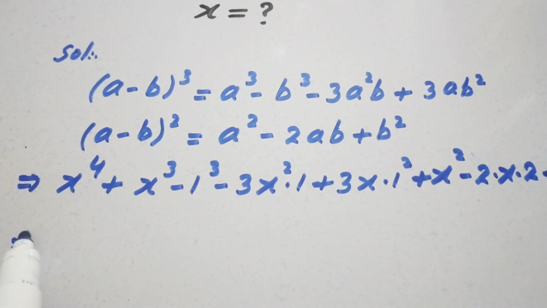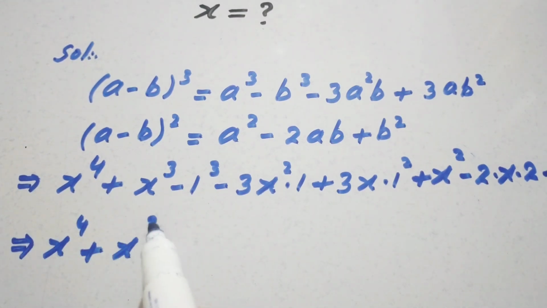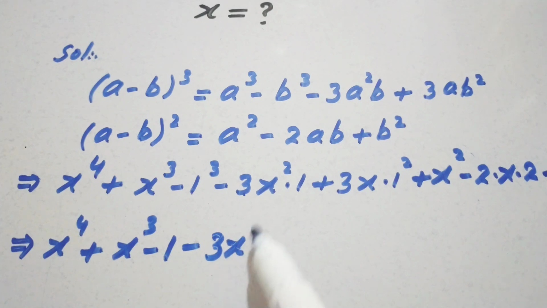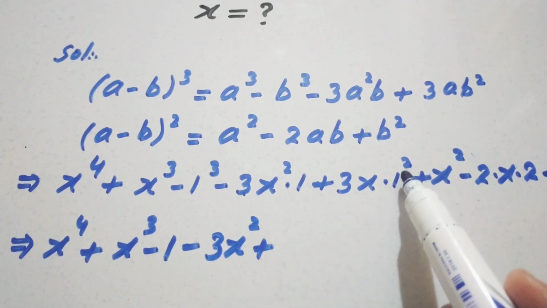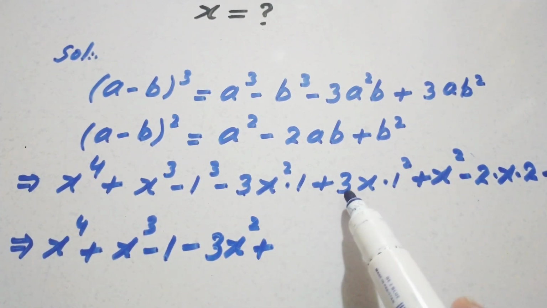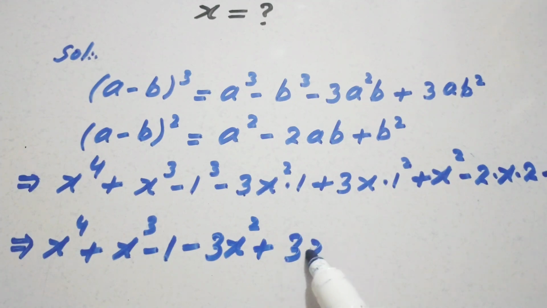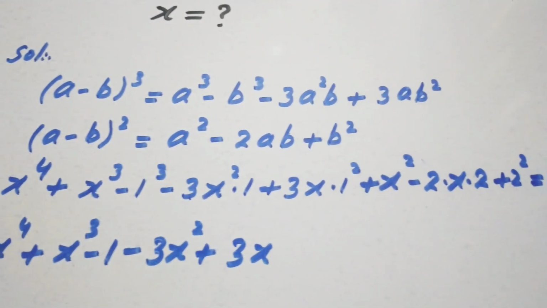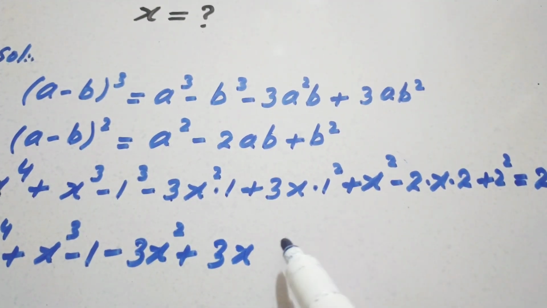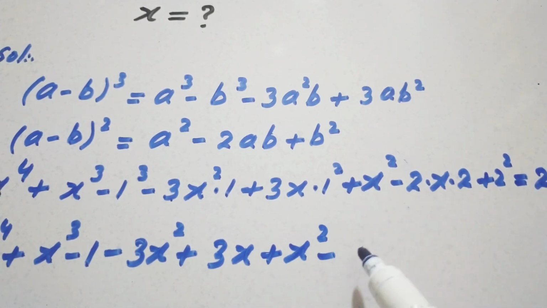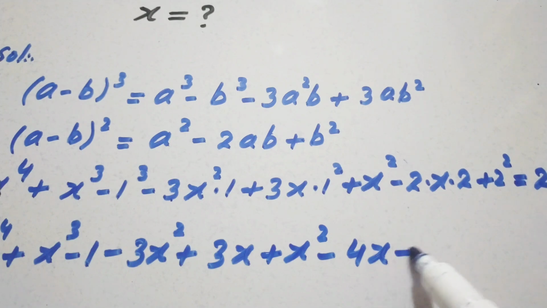Now x power 4 plus x cube minus 1 cube, which is 1, minus 3 multiplied by 1 gives us 3x squared, plus 1 squared, which is 1, and 3 multiplied by 1, which is 3, into x, plus x squared minus 2 multiplied by 2 gives us 4x plus 2 squared, 4, is equal to 2.